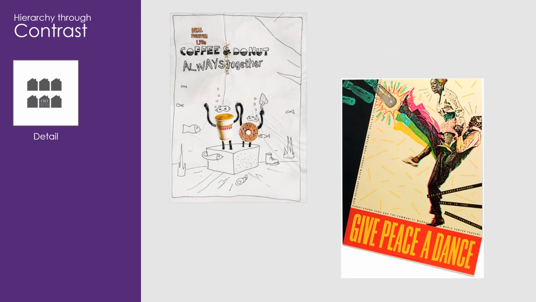Another way to create contrast is through detail. The thing with the most detail is going to draw your viewer's attention because it takes the viewer's brain longer to process more detail than less detail. So something like the poster on the right, Give Peace a Dance.